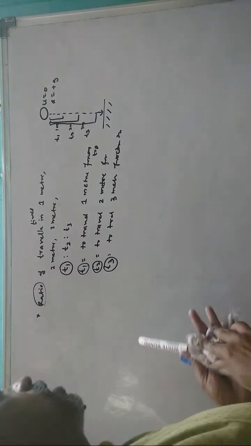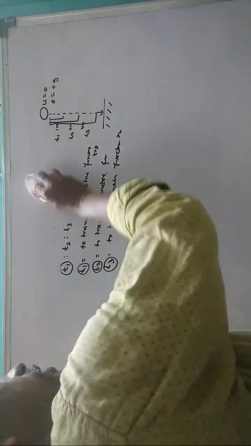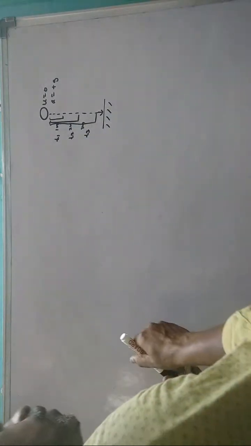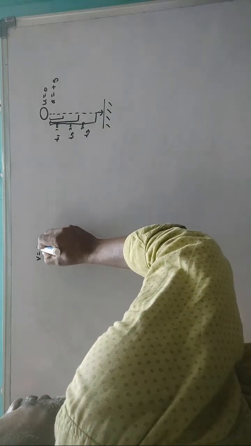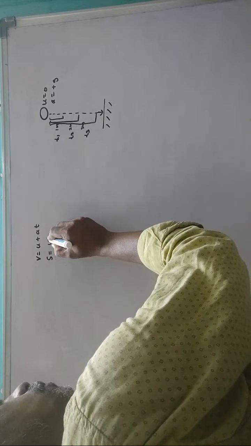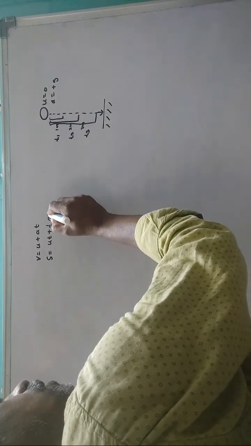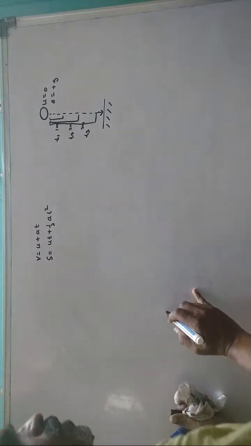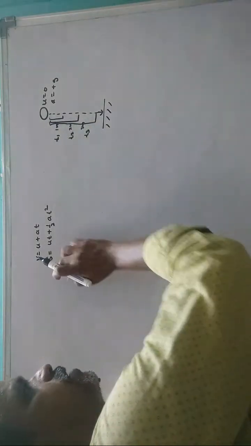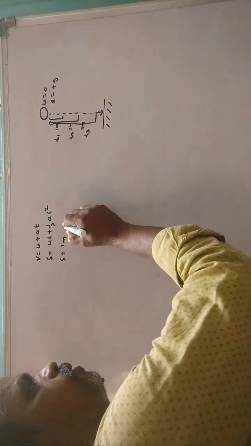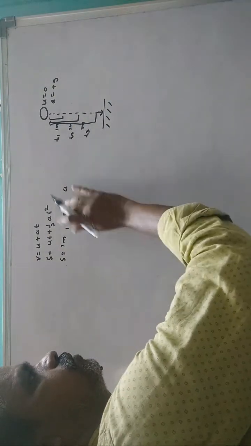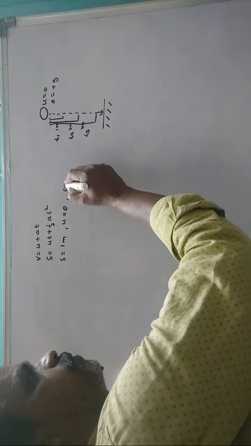I am using the kinematic equations here. What are the kinematic equations? We have 4: v equal to u plus at, s equal to ut plus half at square. From this, s equal to 1 meter, u equal to 0, a equal to plus g.